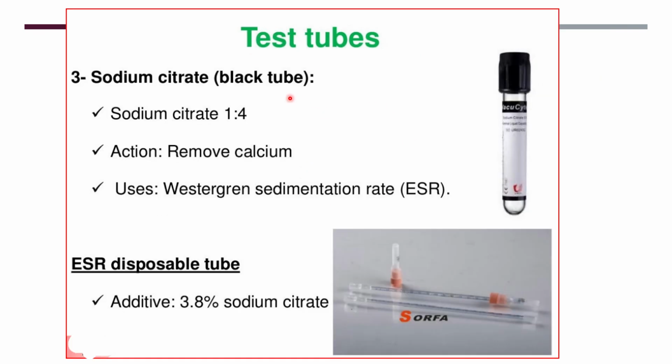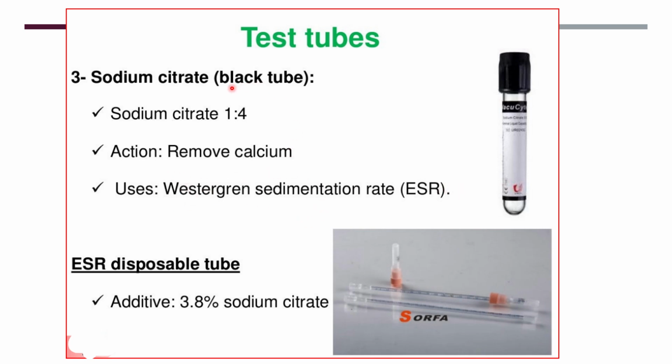Next test tube is also sodium citrate, but this citrate is somewhat different from the previous one, the blue one. This comes in the black color, but the ratio for the blue was 1:9, while in this the ratio of blood to anticoagulant is 1:4. It works similarly, but the use of this is somewhat different and very specific.